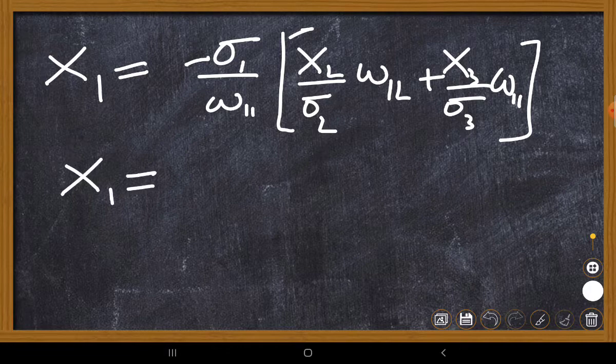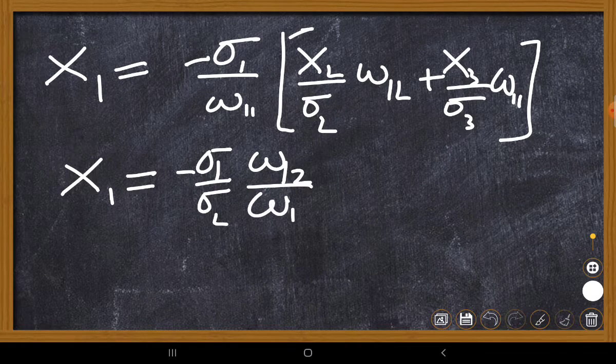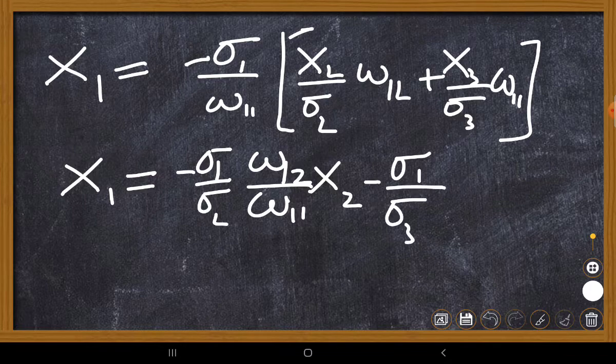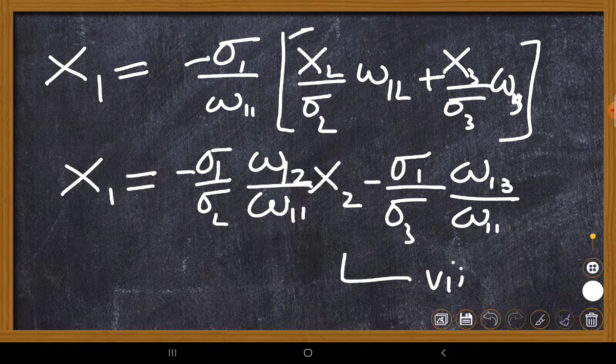Therefore x1 is equal to minus sigma 1 by sigma 2 omega 12 by omega 11 x2, and then minus sigma 1 by sigma 3 omega 13 by omega 11, x3. So this is your equation of the plane of regression of x1 on x2 and x3.